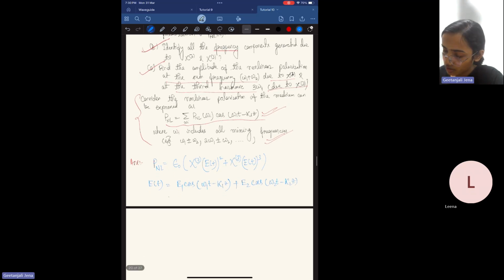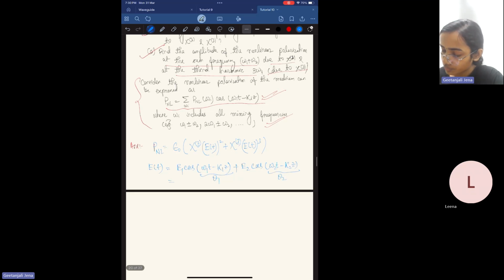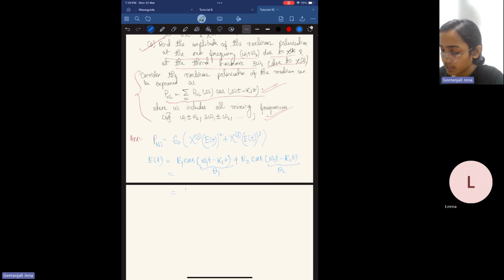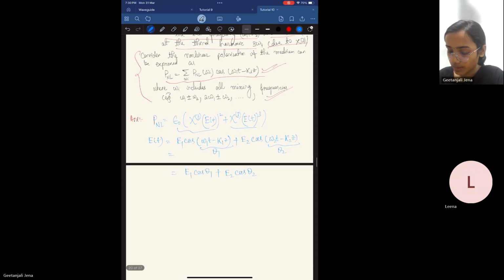So let us say this is theta 1 and this is theta 2, so that we don't have to write it again and again. So E_t is E1 cos theta 1 plus E2 cos theta 2. To find the terms, we need to expand epsilon naught chi2 E_t squared and epsilon naught chi3 E_t cubed.